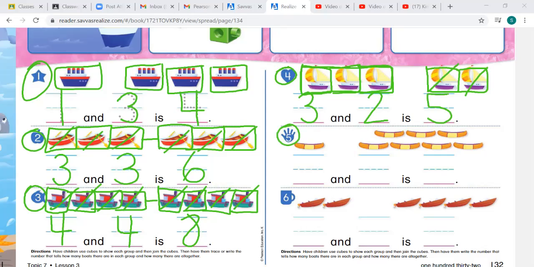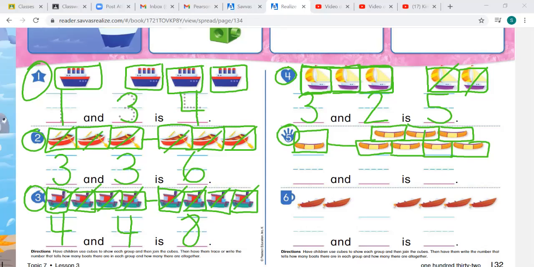All right, we're at number 5 now. We have 1 boat here, so we have 1 cube. Oh, I'm sorry, 1 boat, 2 boats, 3 boats, 4 boats, 5 boats, 6 boats, and 7 boats over here in this group. So this would be a long chain of cubes.